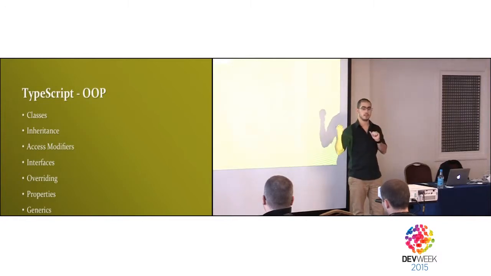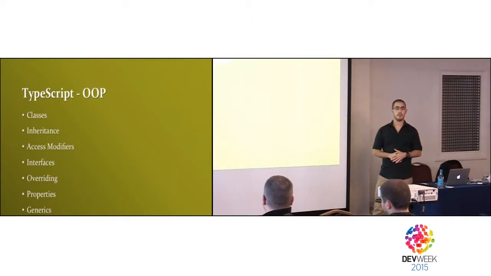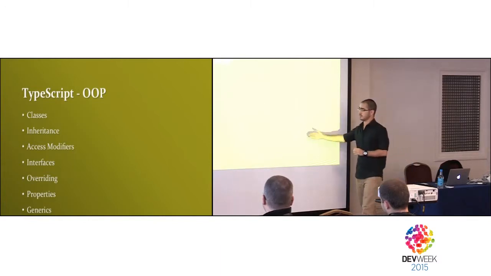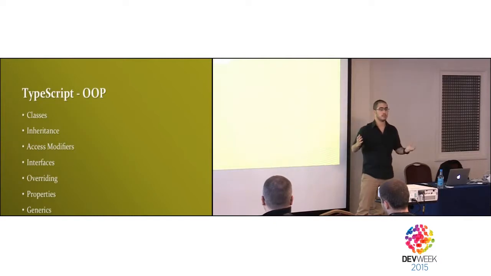Actually, TypeScript already added protected, so we can use it, which is kind of new. Interfaces, we're going to see interfaces today because interfaces are a bit different from what we expect, which has its advantages and disadvantages, of course. Overriding methods, having properties with setter and getter, and generics, which is the most important thing, because without generics, we don't have lists, we don't have dictionaries.